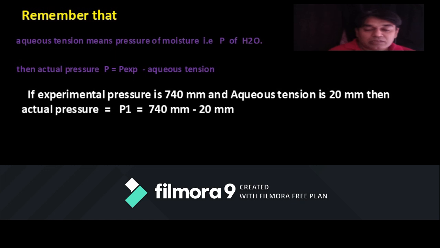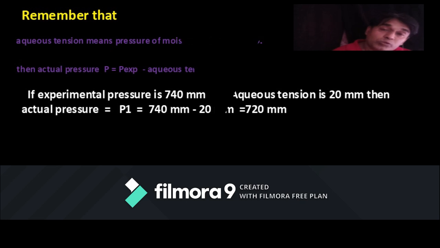Hence, the actual pressure is 720 mm. Therefore, remember that aqueous tension is always subtracted from the experimental pressure while solving the problems.